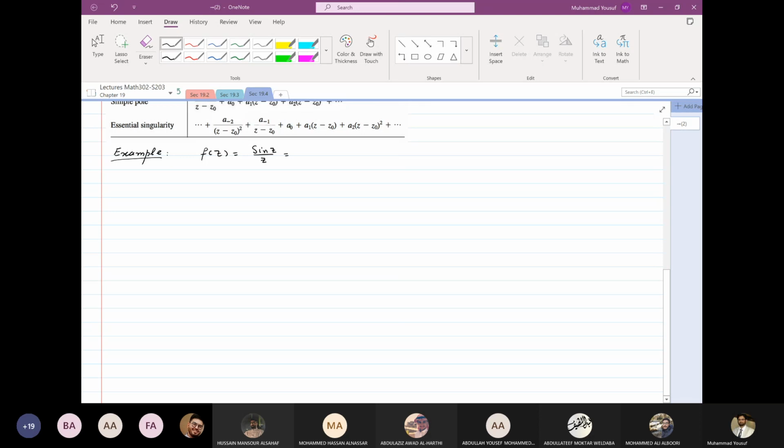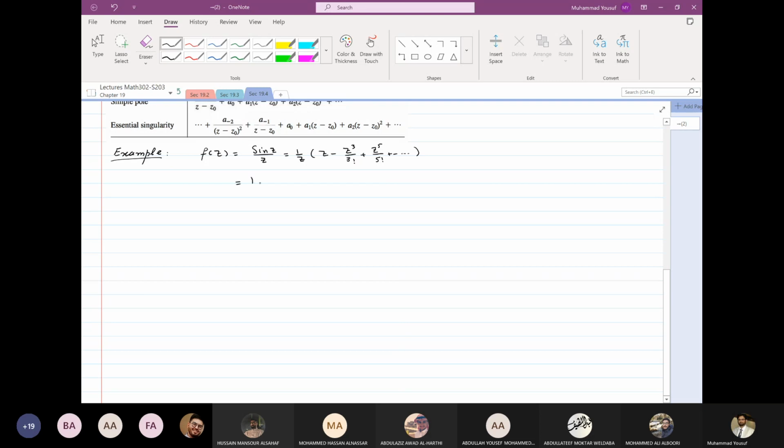When we expand this, we get 1 over z times (z minus z cube over 3 factorial plus z power 5 over 5 factorial minus plus and so on).